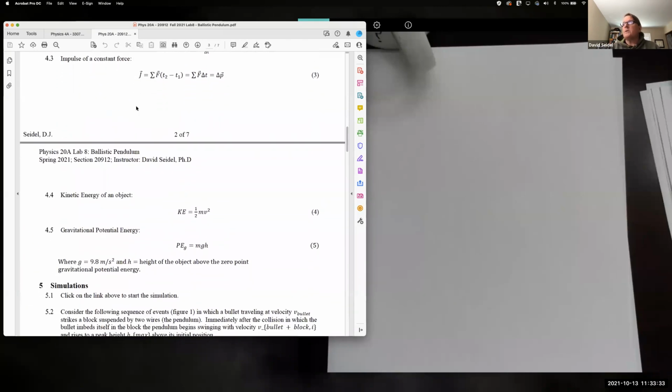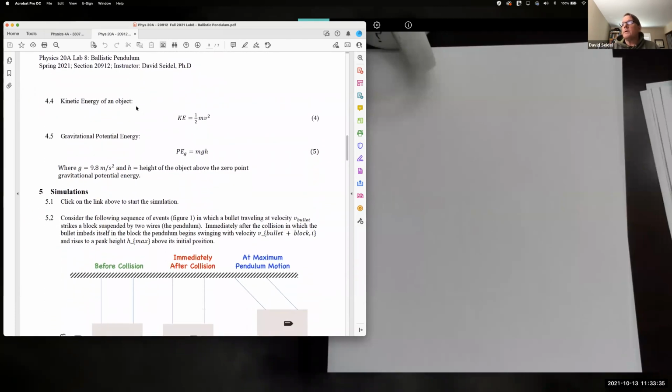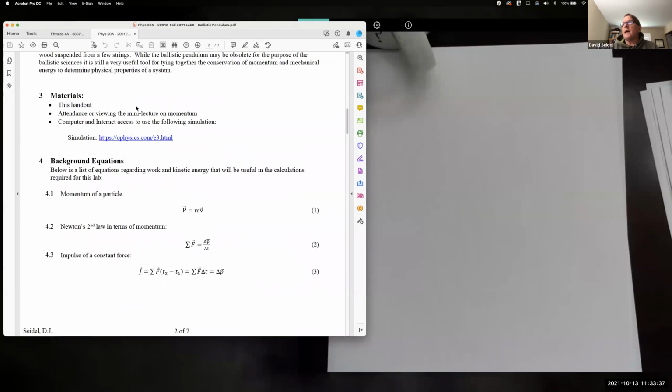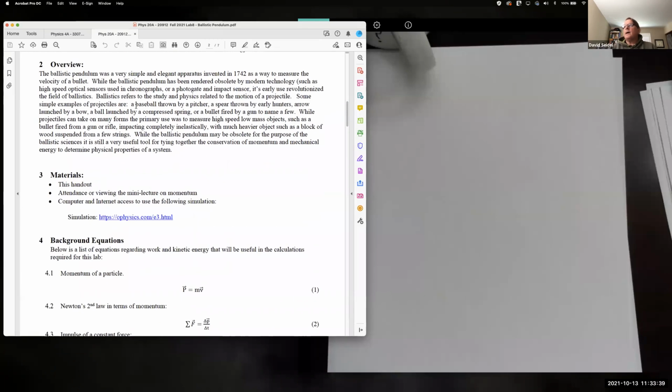The ballistic pendulum was a pretty ingenious yet simple and elegant apparatus invented back in the mid 1700s. It was used because there was no good way to measure the velocity of a bullet or a high-speed small projectile.